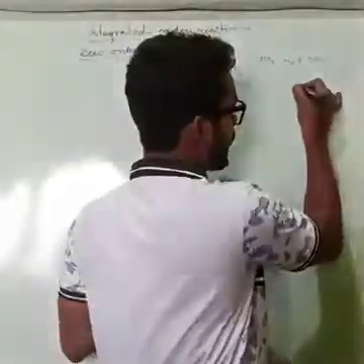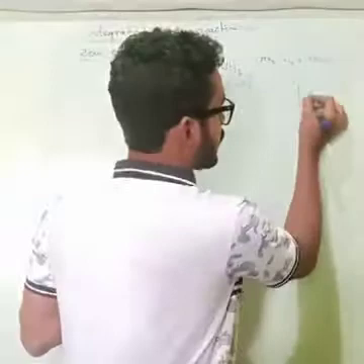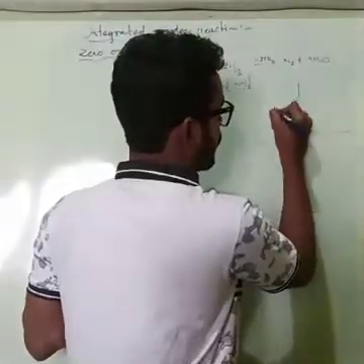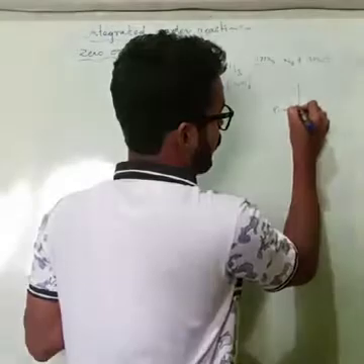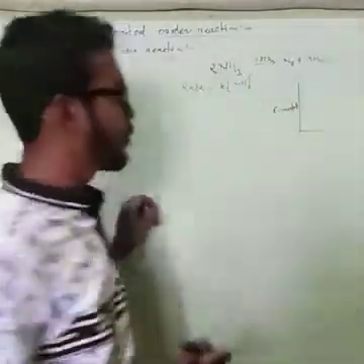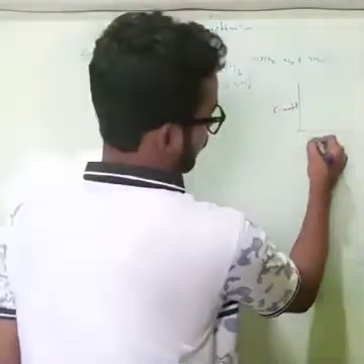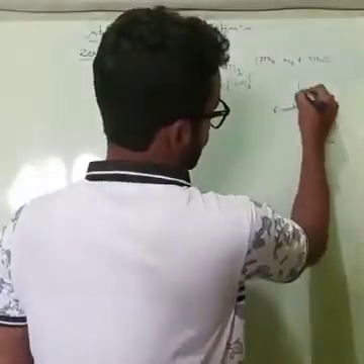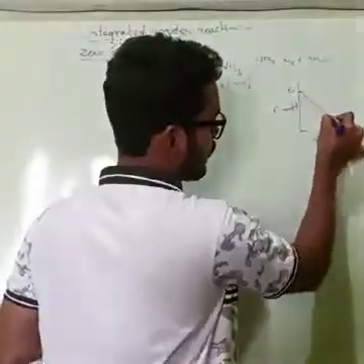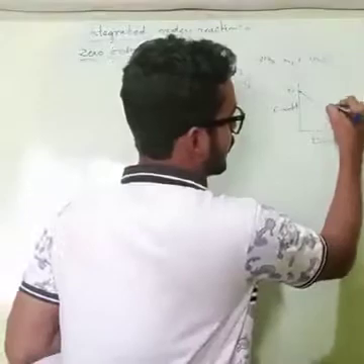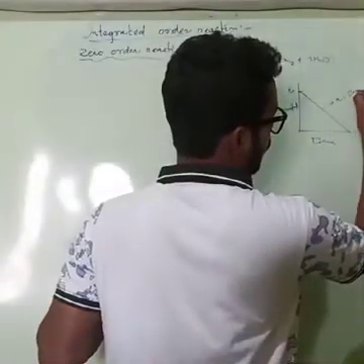So basically, if you take the concentration on this side versus time, you will get the slope. Suppose this is your R naught, that is the initial concentration, and the line goes down like this, and this is K, which is your slope.